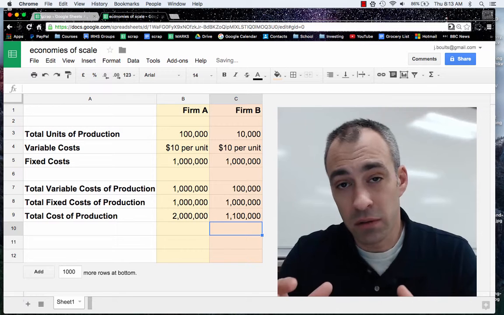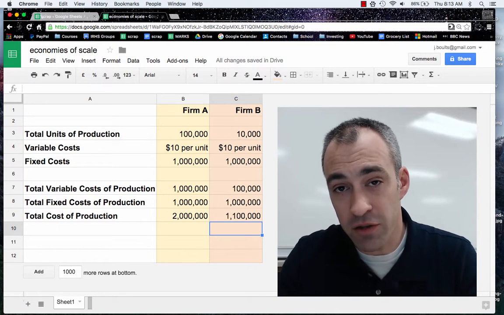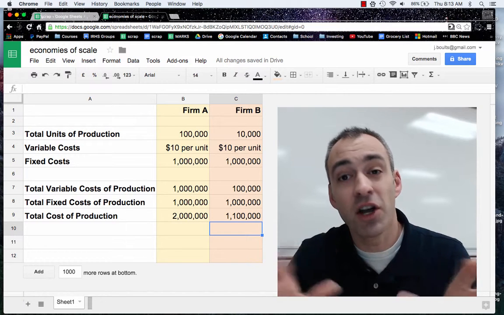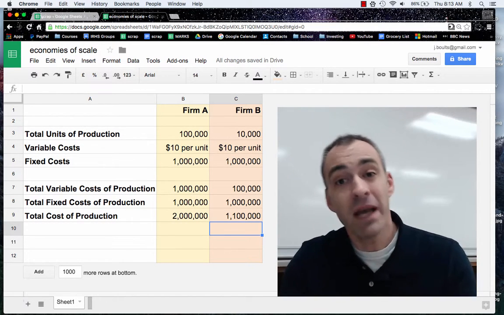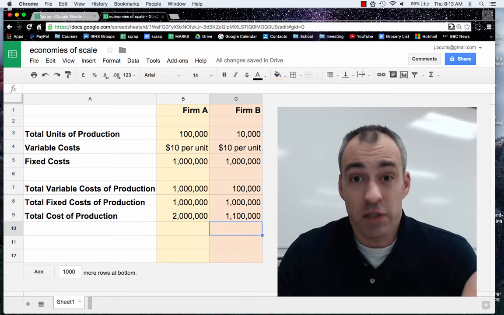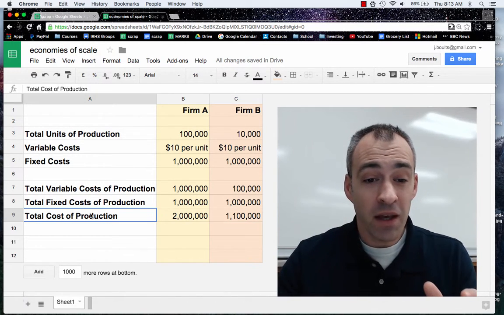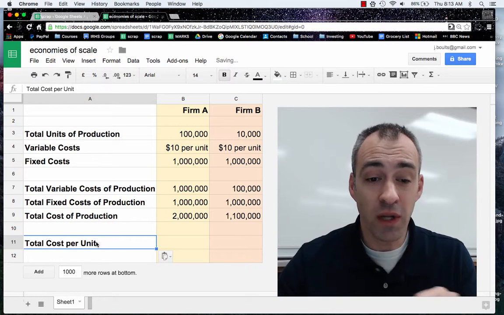You say, but Bolton, you just said that greater scale of production reduces your cost. No. It doesn't reduce total cost. If you make more, your total cost is going to be higher, right? That's just logical. What it does do, though, is it changes the cost per unit.